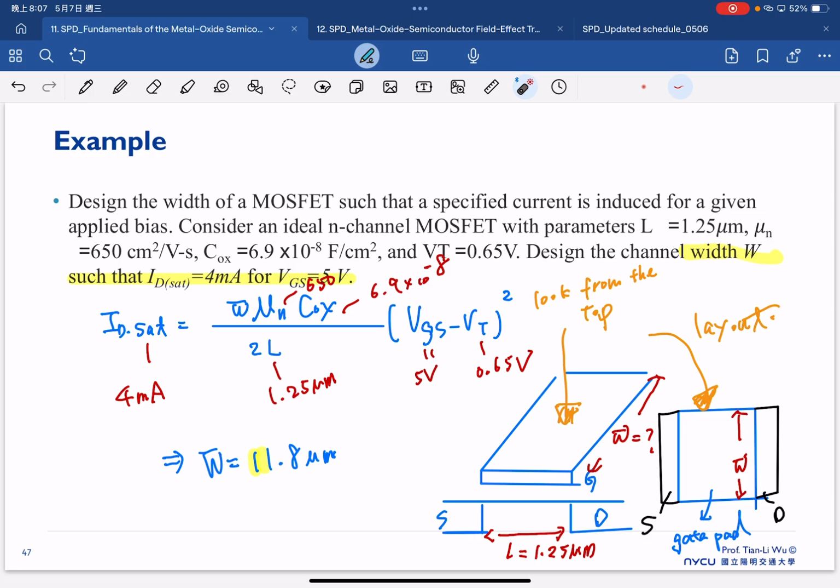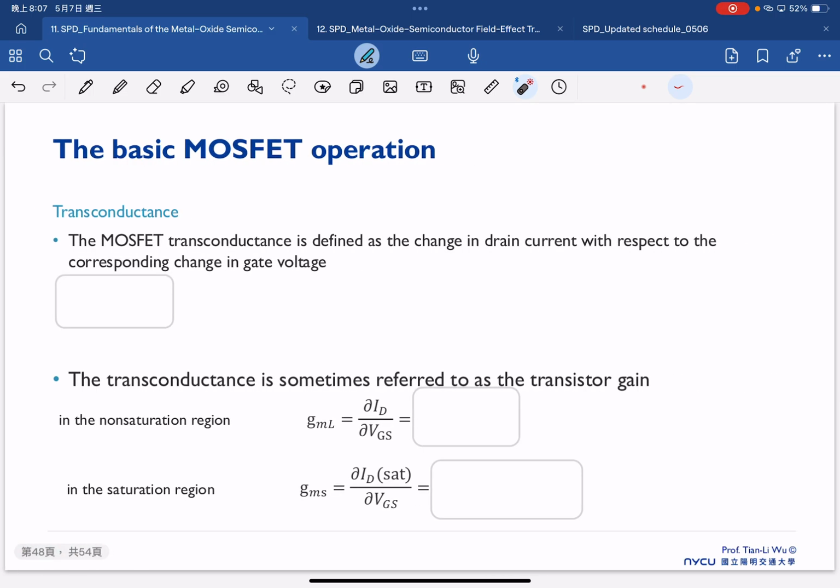Okay, so considering the basic MOSFET operation, there are some additional parameters that we use very often. We are not only interested in the ID-VG, but also in something else, especially what we call the transconductance. How do we define transconductance?